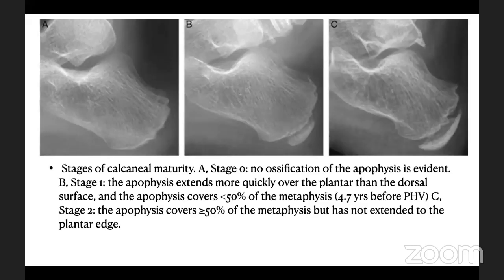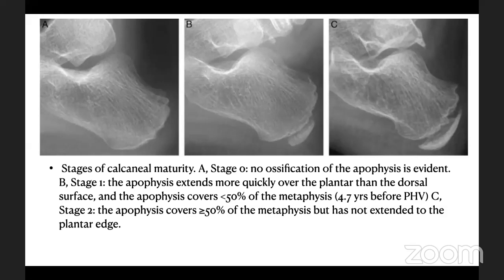Now, the stages of calcaneal maturity occur in 6 stages, with 0 being no ossification of the apophysis. Stage 1 is where the apophysis extends more quickly over the plantar than the dorsal surface. The apophysis covers less than 50% of the metaphysis. This occurs roughly around 4.7 years before the peak height velocity.